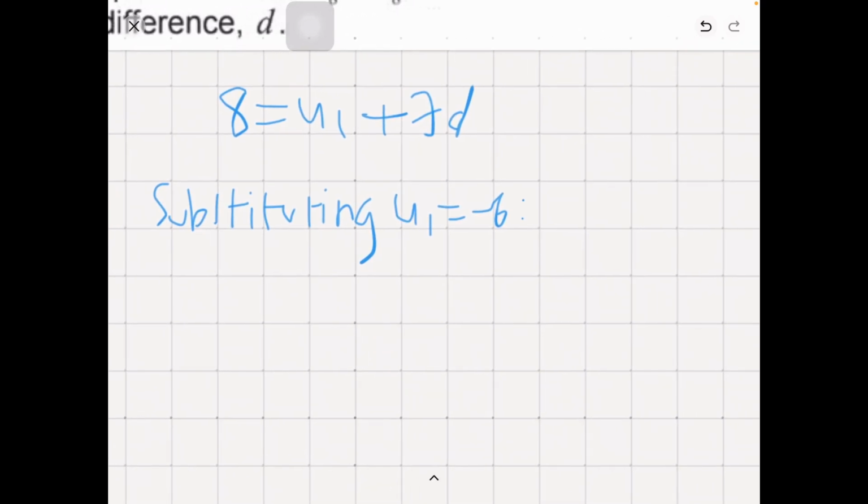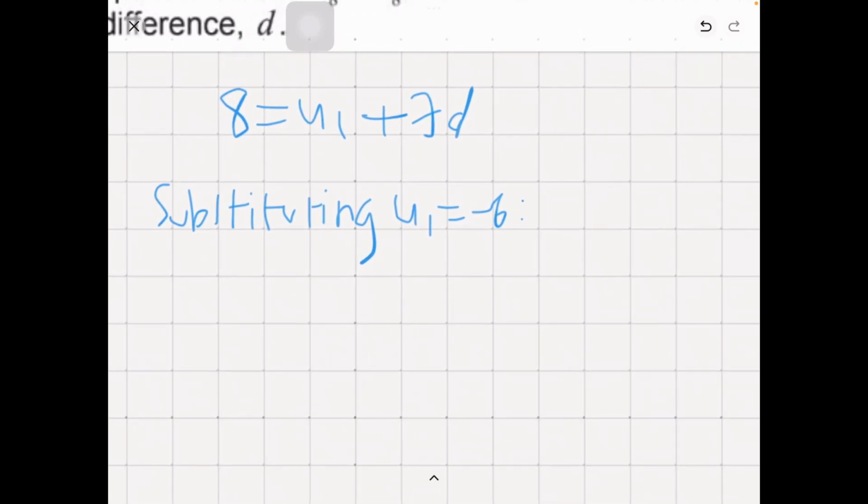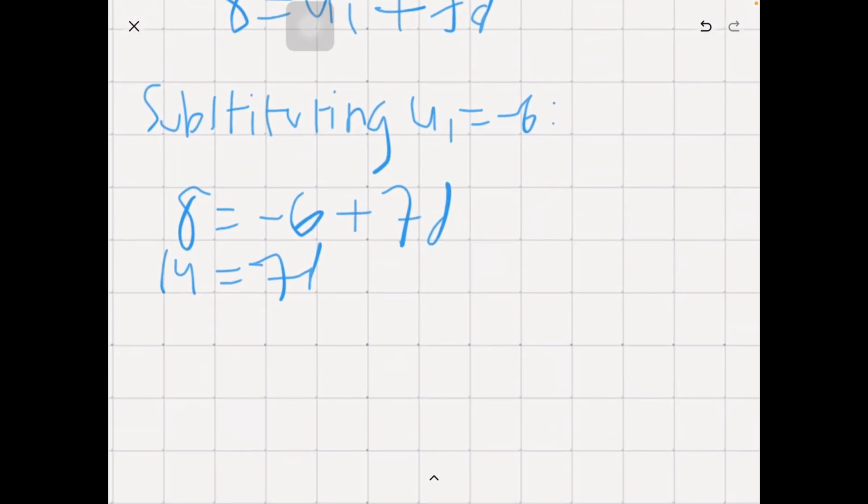So now we have 8 is equal to negative 6 plus 7d. And when you bring this negative 6 to the other side, you get 14 is equal to 7d. And now if you multiply each side by 1/7, then you'll get 2 is equal to d.